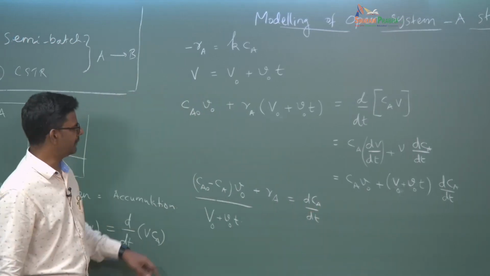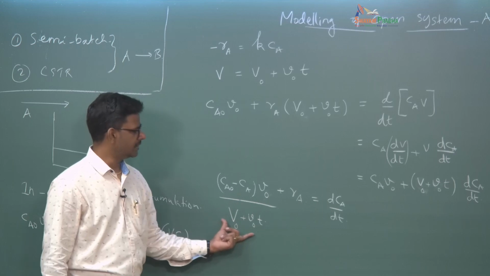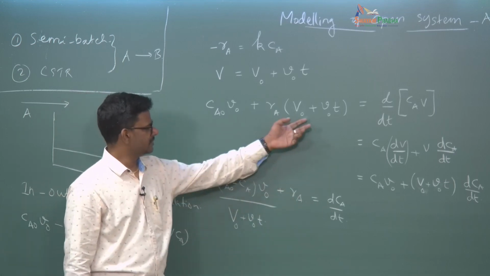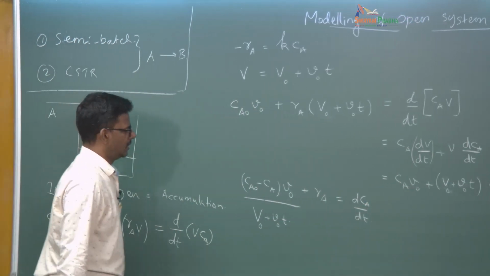So then what you will have here is (Ca0 minus Ca) times V0 divided by V0 plus t plus Ra, because this is divided out, and then on the right hand side you will have only dCa by dt.